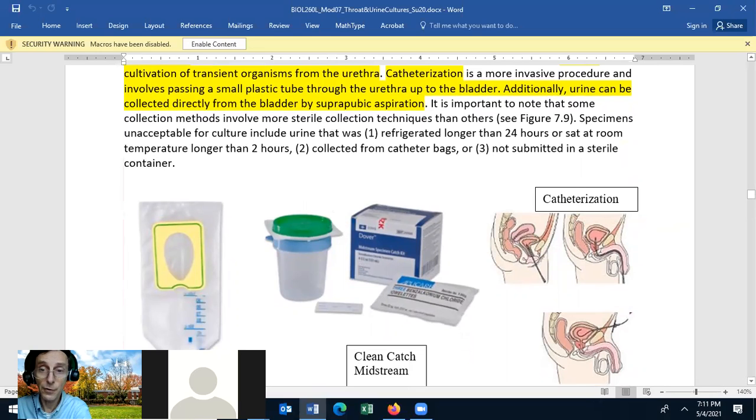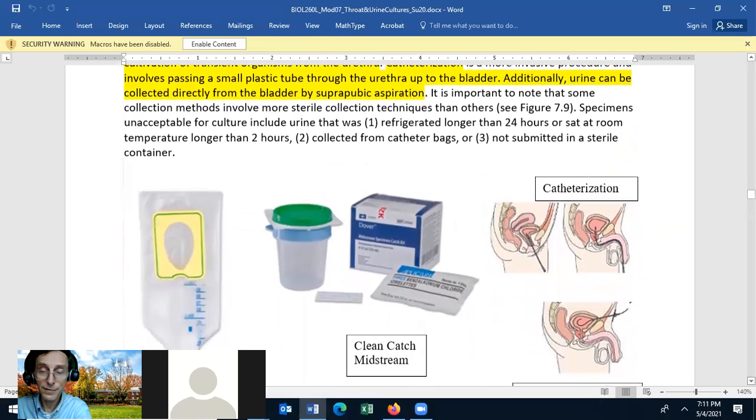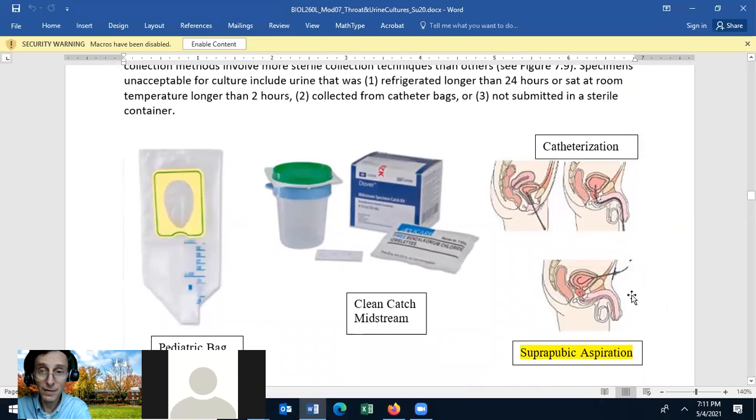There is another way of doing it, and that is catheterization, where you put a catheter up the urethra and into the bladder, and then directly sample the urine in the bladder. The catheter reduces the risk of contamination, but the lower portion of the urethra does have bacteria in it, and as the catheter goes through the lower portion of the urethra, it can take bacteria up into the bladder.